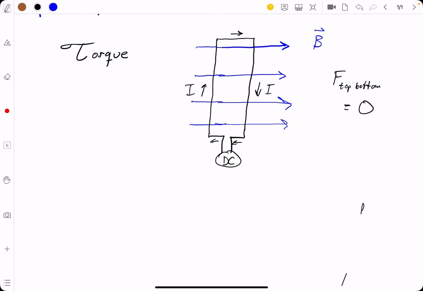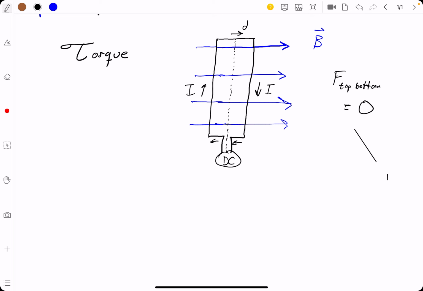And we really only have the contributions from the sides giving us our torque, okay? So we have to kind of say, all right, well, what are our distances about this center axis? Because that's where this thing is going to get rotated about.